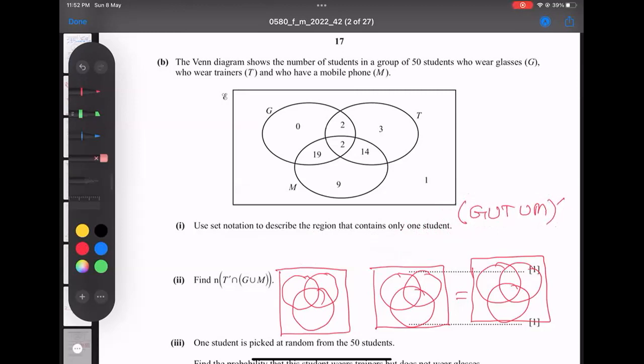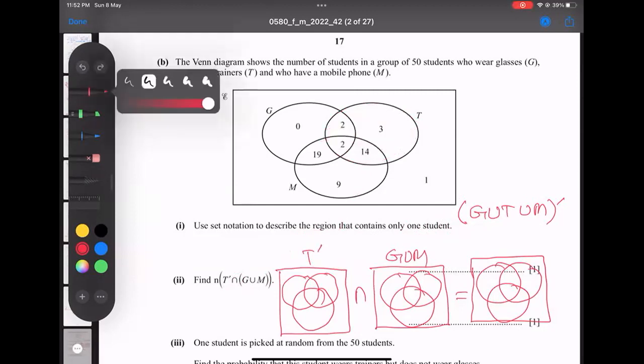Now here I write T complement, here D union M, G union M, and the middle letter will come in the middle intersection. Where's T? T is this. Hold on. This is the circle of T, but he said T complement. So except this circle, take everything.